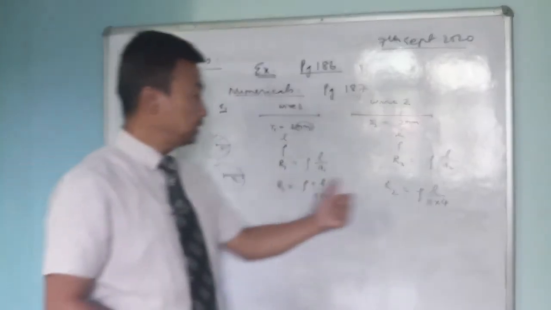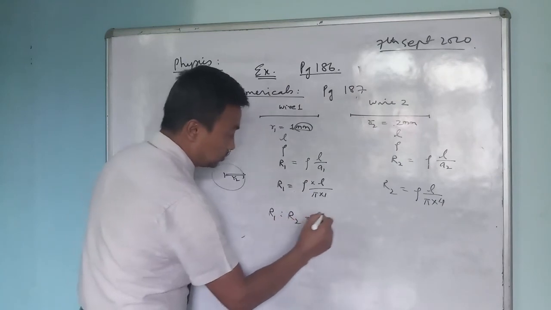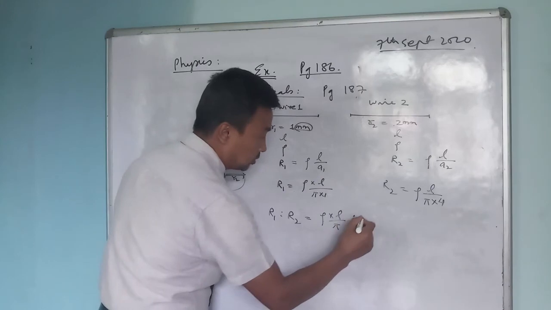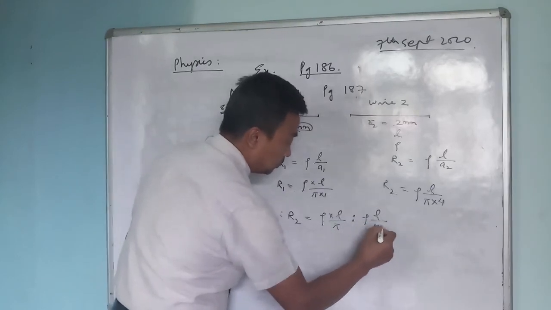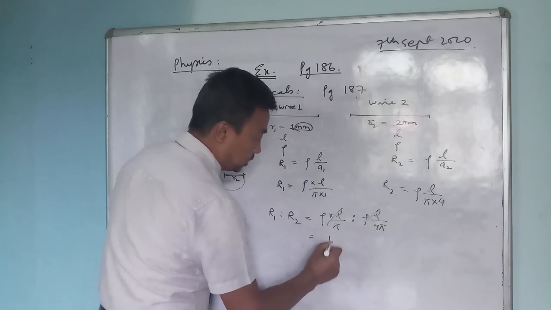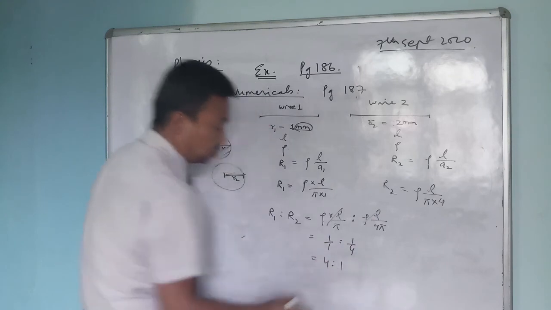Now you have to compare these two, so comparing means R1 is to R2, pi is to 4 pi. Everything cancels, you get 1 by 1 is to 1 by 4. After cross multiplying, you get 4 is to 1.